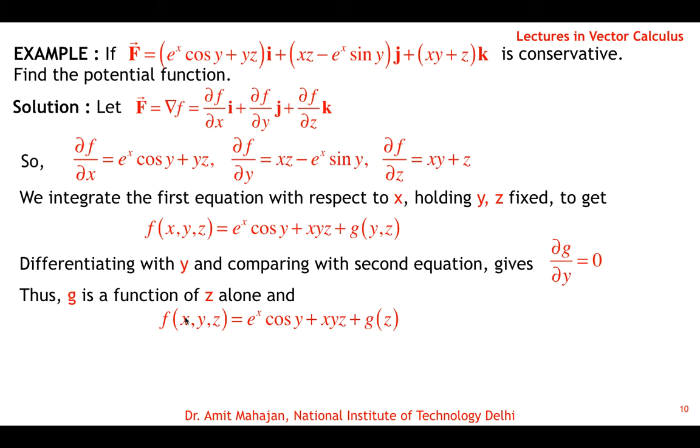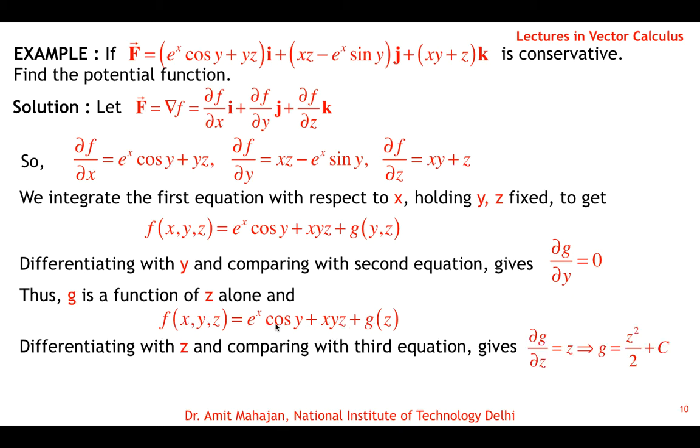So the partial derivative of this with respect to z: the first term does not contain z, so it's 0, plus this, which gives xy plus the g derivative with z. If I compare these two, xy plus z equals xy plus g derivative z, which gives g derivative with z equals z. Then if I integrate this, because g is a function of z only, it gives g as z square by 2 plus a constant of integration.